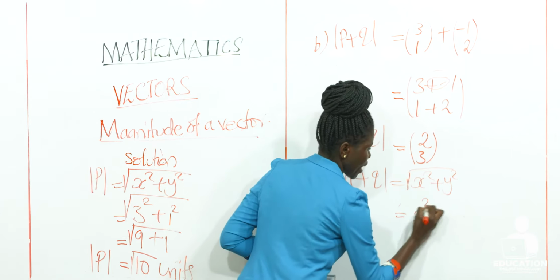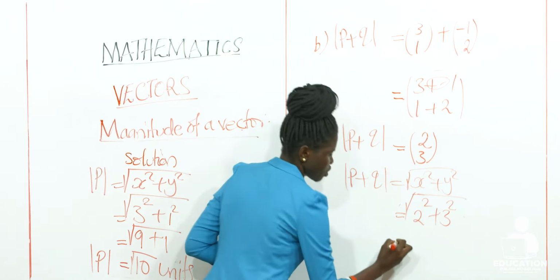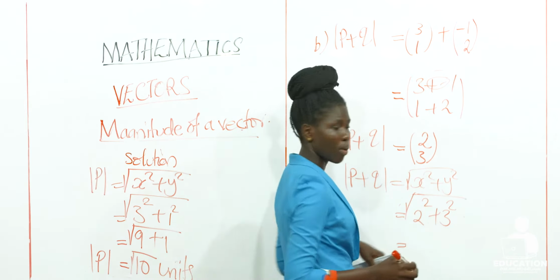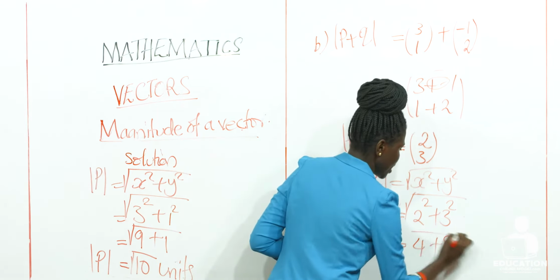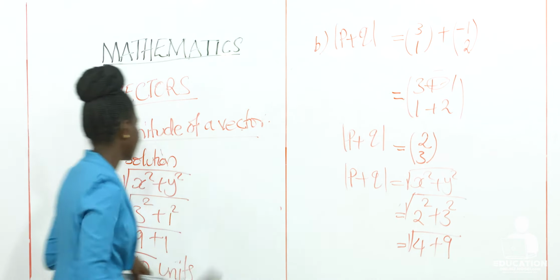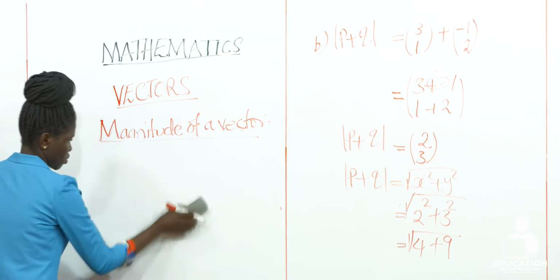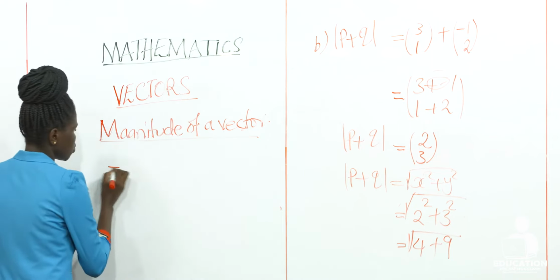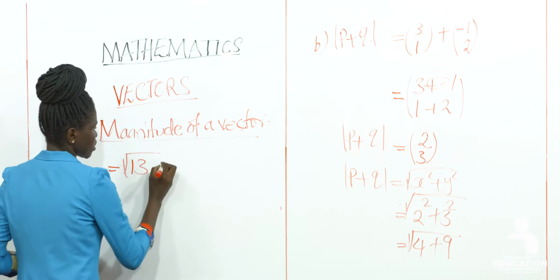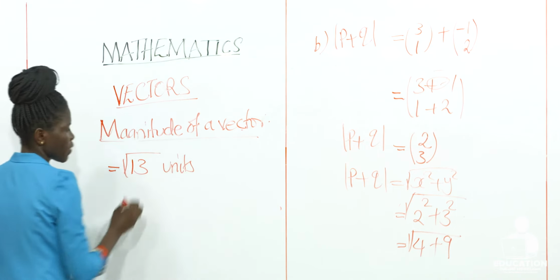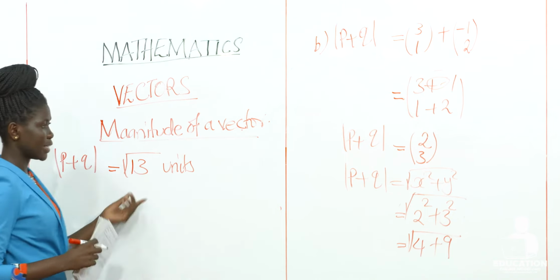So we shall have 2 squared plus 3 squared under a root. 2 squared is the same as 4 and 3 squared is the same as 9, under a root. So 4 plus 9 should give us root 13 units. So finally, the magnitude of P plus Q is root 13 units.